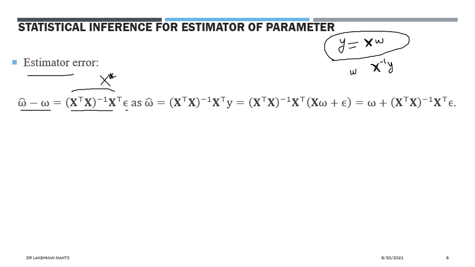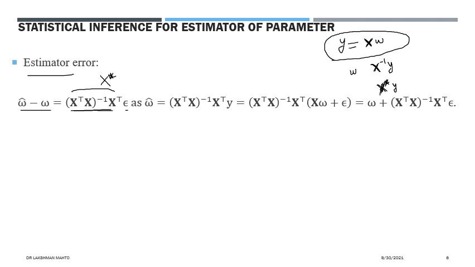But you know that this inverse is not possible, so we can't do that. In place of that, we will find a pseudo inverse, call it x star. So the solution is the pseudo inverse x star times y.